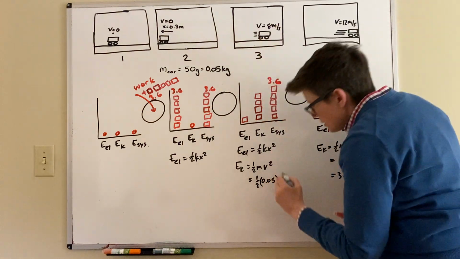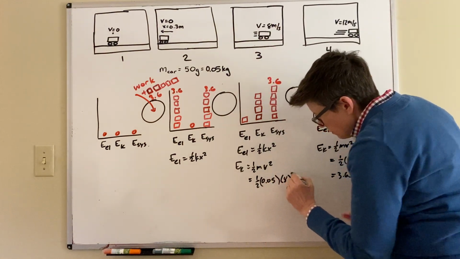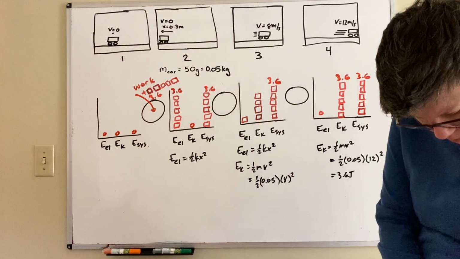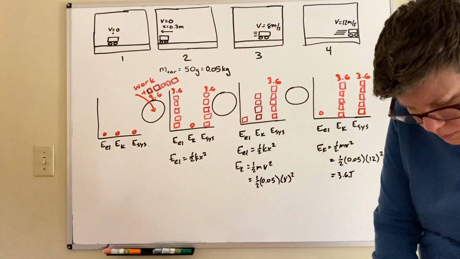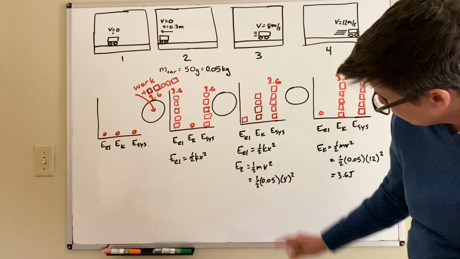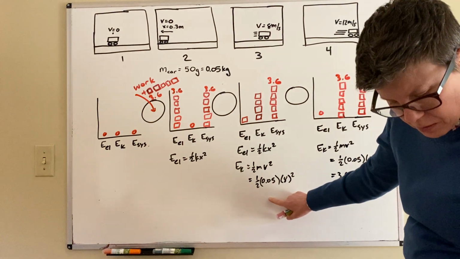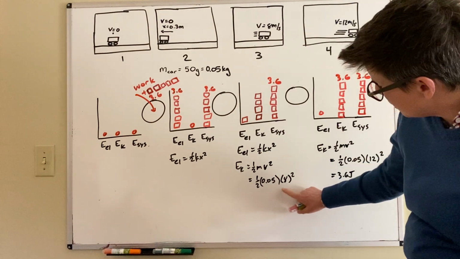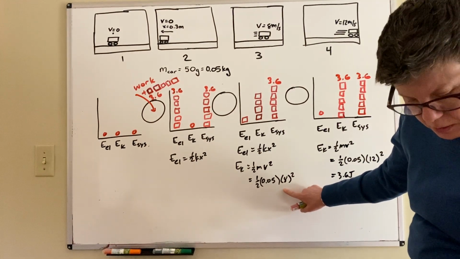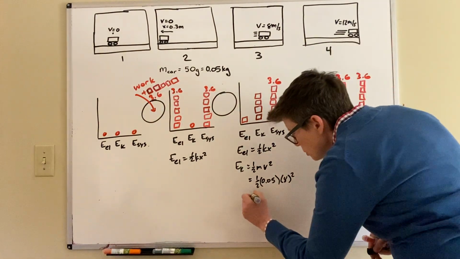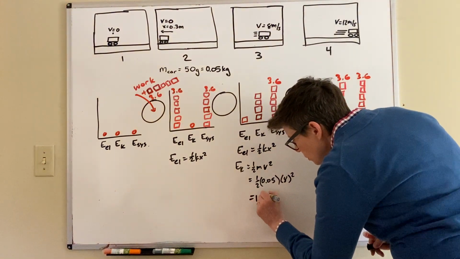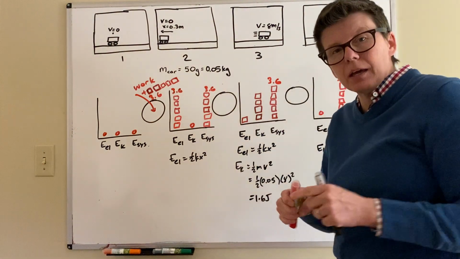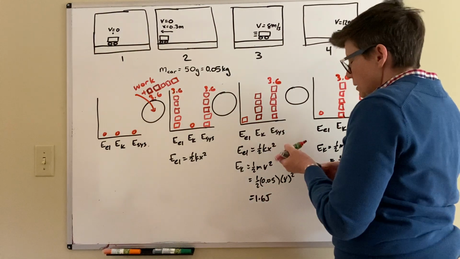We're told the velocity. One half times 0.05 times 8 squared. 1.6 joules. 1.6 joules of kinetic energy. Throw that atop the right stack.